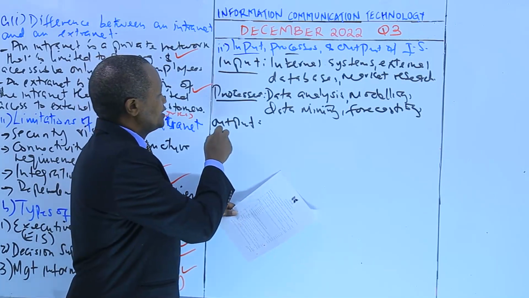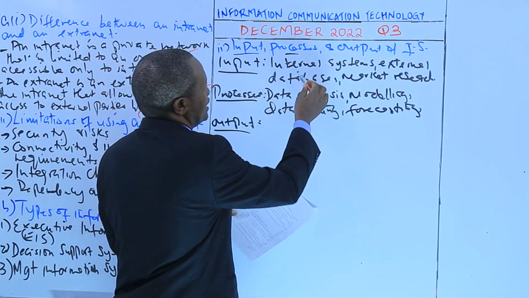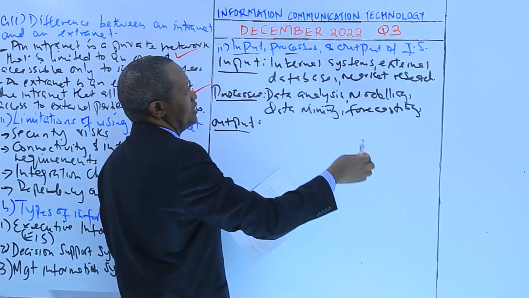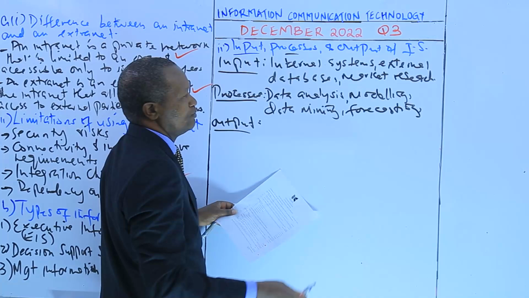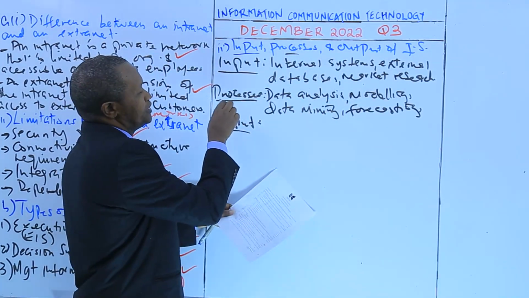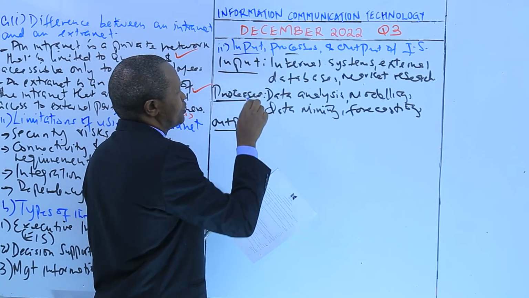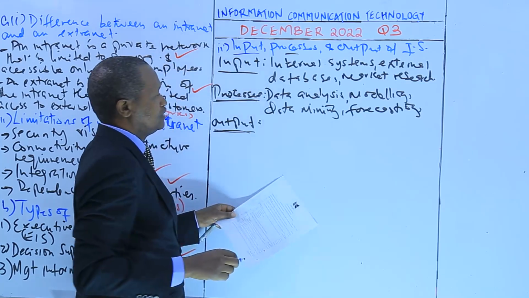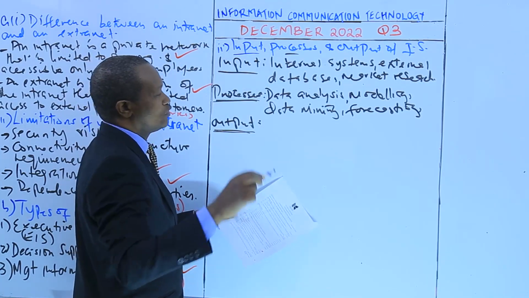Now, candidates, after data is collected from internal systems, from external databases, from market research, and any other sources, that data is subjected to processes, is processed, so that you can have output. So the question is, what is the output of an information system?